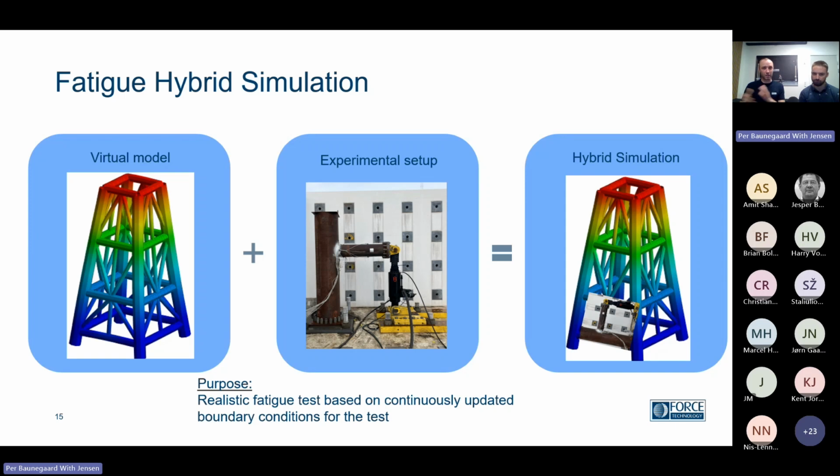And then we combine it. The purpose was to obtain more realistic data from the fatigue test of such a T node based on constantly updating the boundary condition of the fatigue test. So that is what we're trying to obtain here.